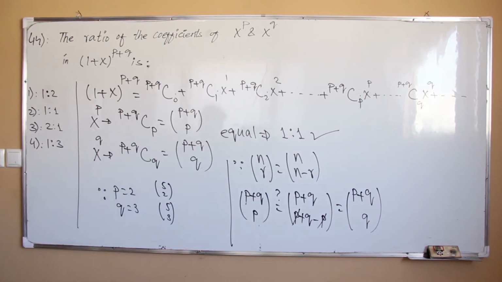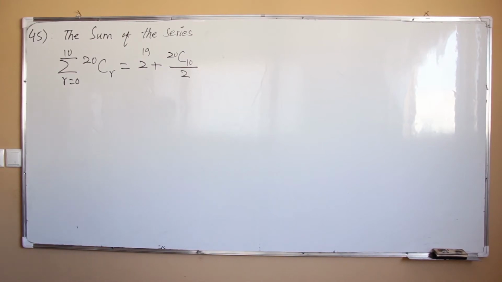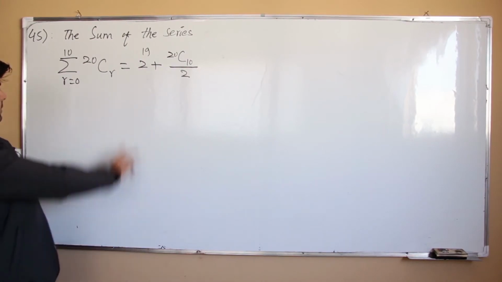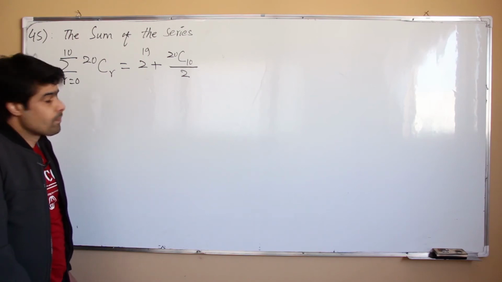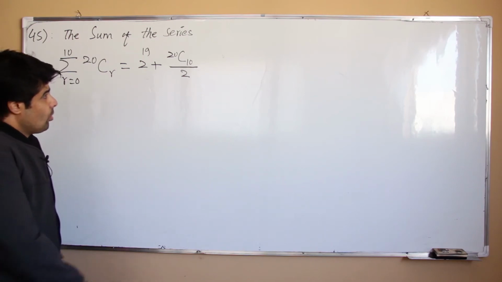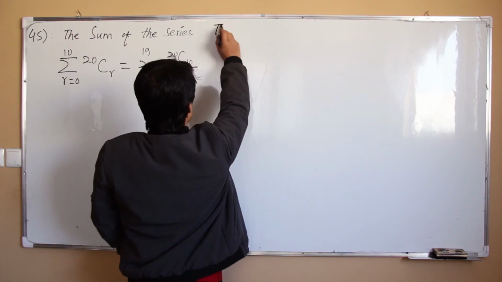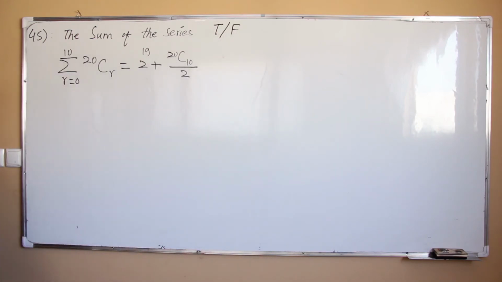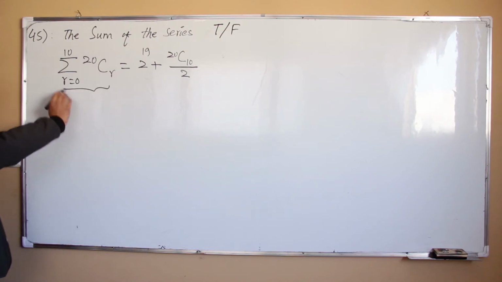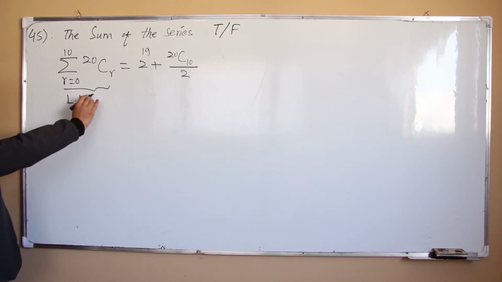Write it, please. Question 45. The sum of the series, this one is equal to this one. It's a true-false question. Is it true or false? By the way, first come to the left hand side, LHS.